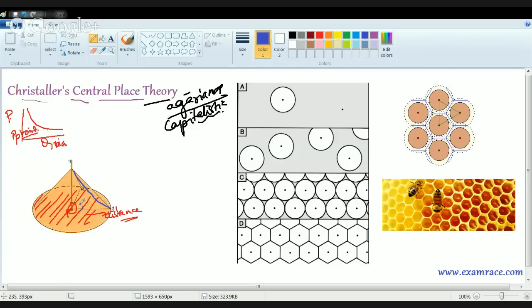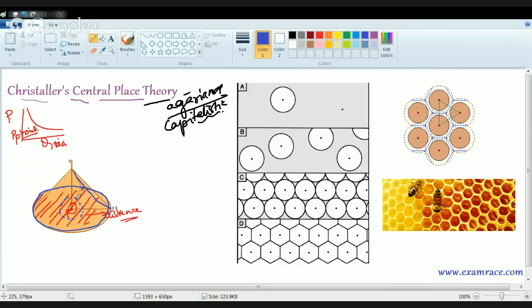So there would be the highest demand for services in the central area and slowly and gradually the demand would start to decrease. But this is the area that would be served by the production point here.